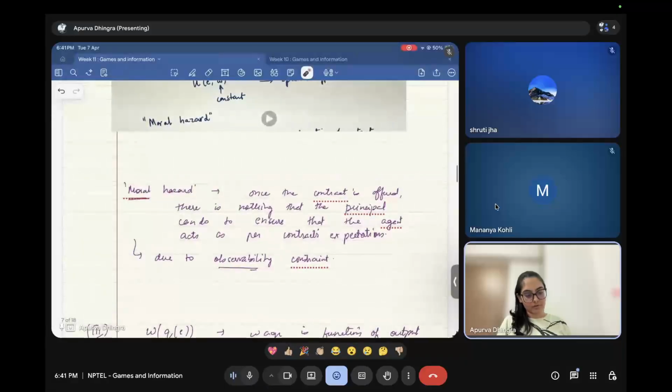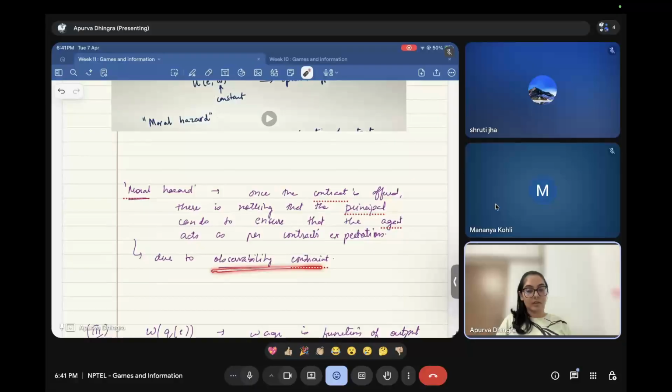And this is because the principal cannot observe. If the principal could observe, he would try to get the agent to work, and would have some ways to bring the effect of efforts into the wage itself, some function or something.